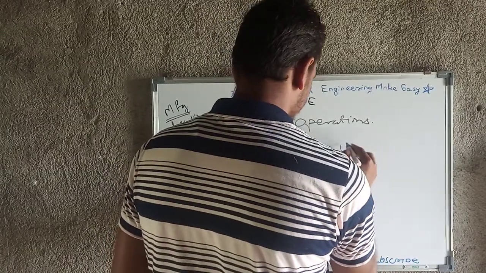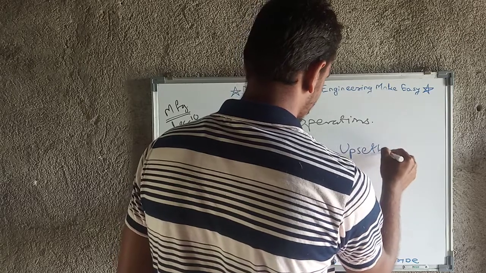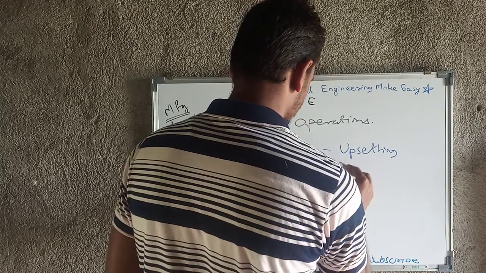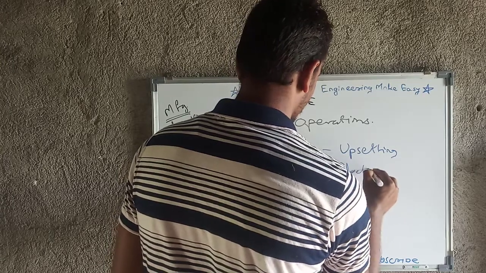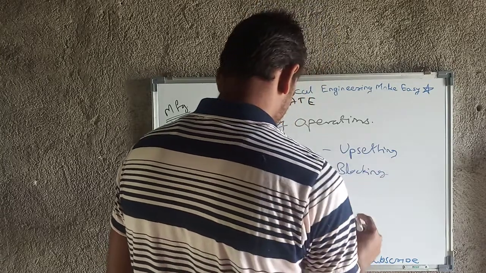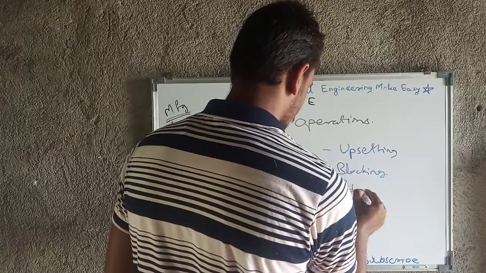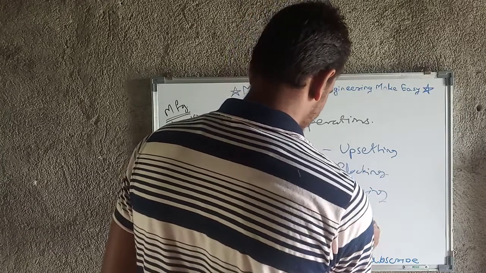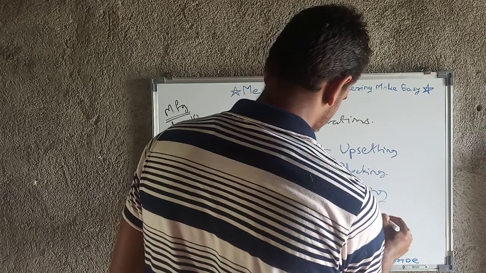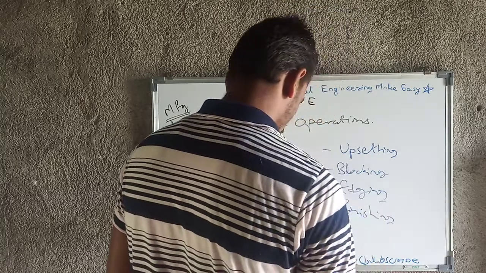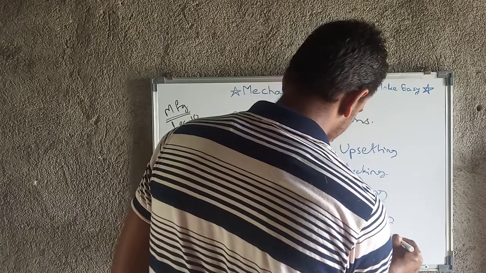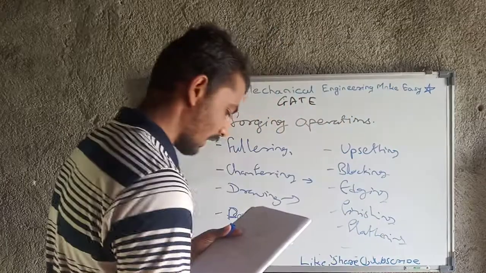Then there is upsetting, then blocking or swaging, then aging, then finishing, flattening, and last is trimming.